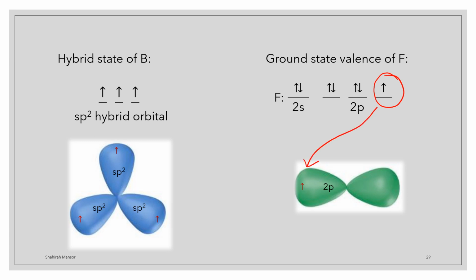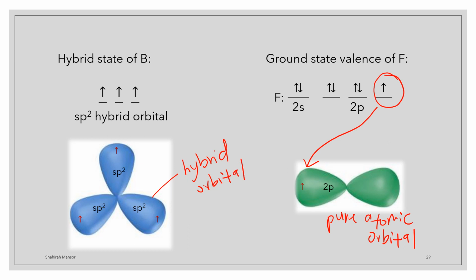So 2p orbital ini adalah pure atomic orbital, iaitu orbital yang tidak hybridized. Tetapi sp2 orbital here adalah orbital yang dah pun kita hybrid, yang kita sudah pun campurkan. So itulah perbezaan di antara hybrid orbital and pure atomic orbital.